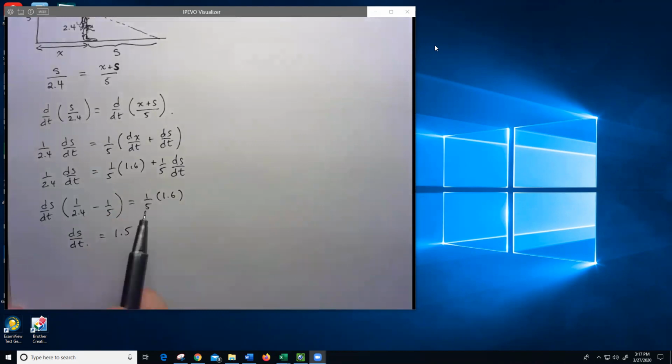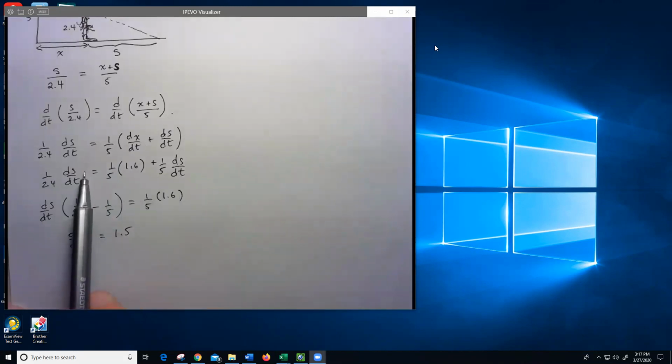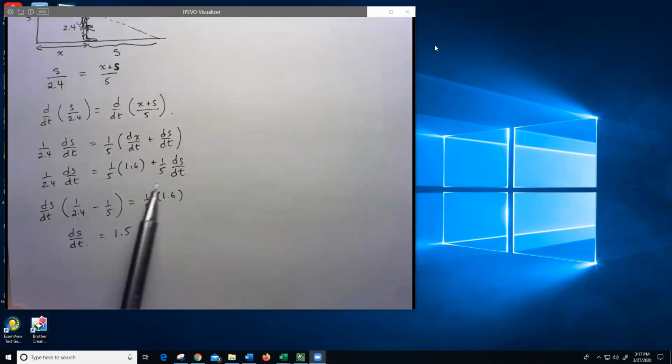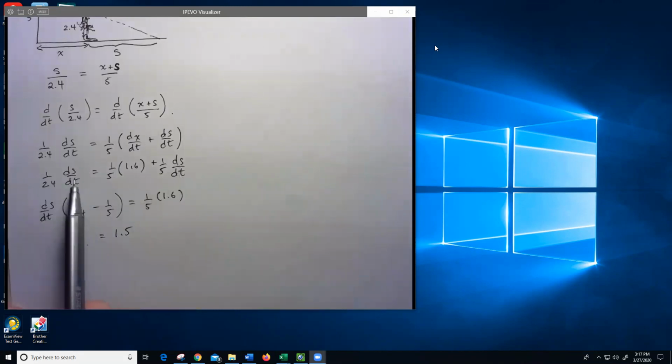Somebody asked a question about this. I moved this whole thing to the other side, so it became minus 1/5 ds/dt, and then I factored out the ds/dt, and this is what was left over.